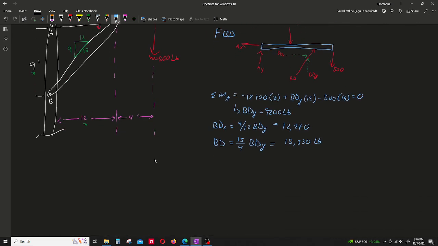And so then from there we can solve for our sum of the forces in the x direction, which is our RA in the horizontal, RAH, horizontal is the same as x, plus BDH. Therefore RAH is equal to BDH. And we solved for BDH already, which was right here, BDX.